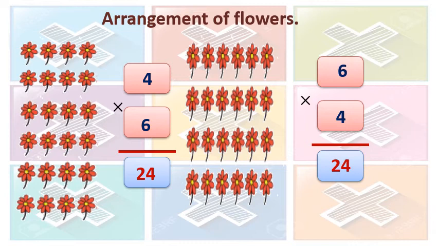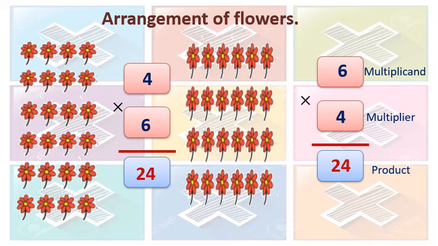Something is special here. Can you guess? Yes, you are right. 4 6s are 24 and 6 4s are also 24. Means the product is same. This is multiplicand, this is multiplier, and this is the product. The product is same.